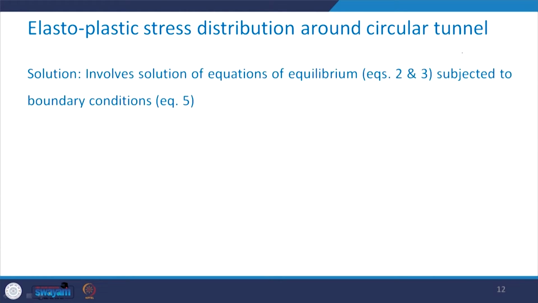Now, coming to the solution of these. The solution will involve the solution of the equations of equilibrium, which were given by equations 2 and 3, subjected to the boundary conditions which we just derived, which are equation number 5. So, what we will do is substitute the yield condition given by 1b in equation number 2.